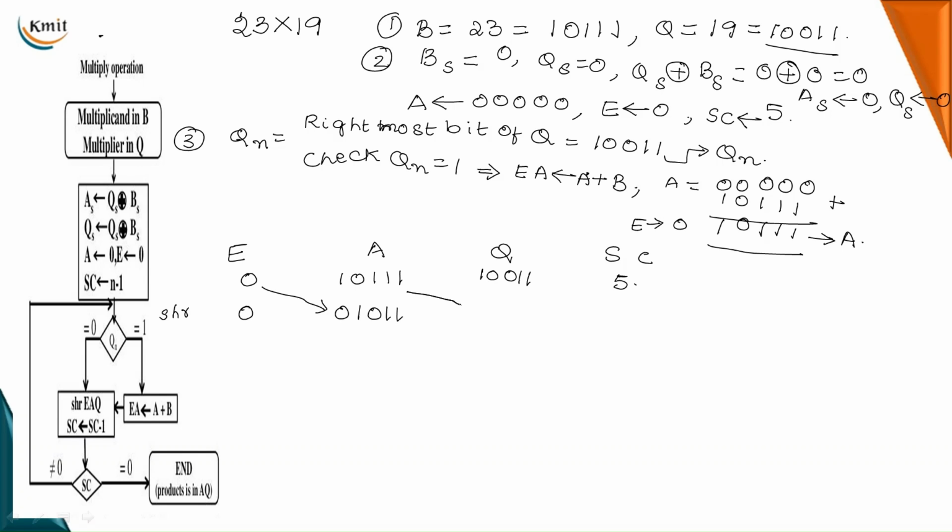So this LSB will be shifted as MSB of Q. It becomes 11001 and this 1 will be rejected. So you are going to reject this 1. Now you are going to decrement the sequence counter. It becomes 4. So you are performing a shift right as well as SC minus 1.